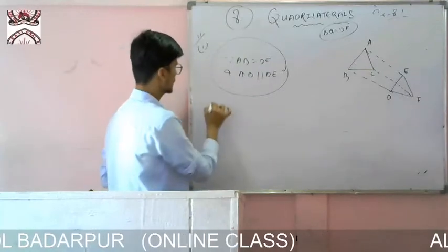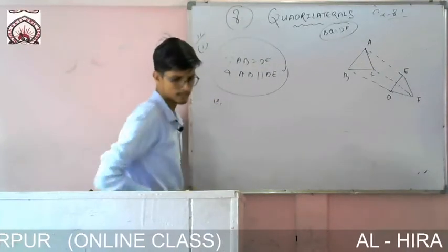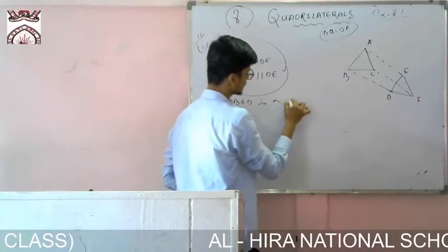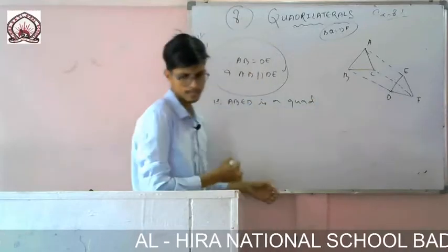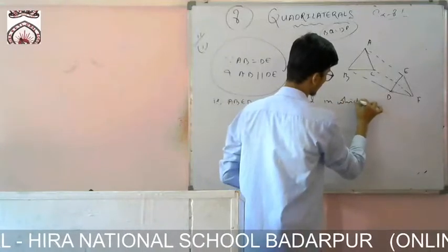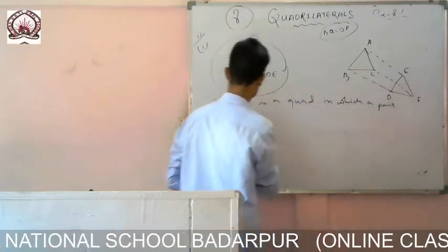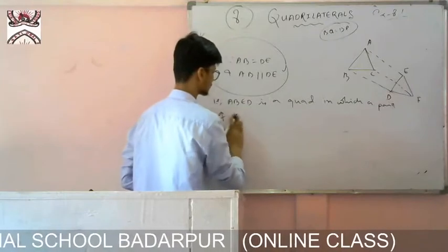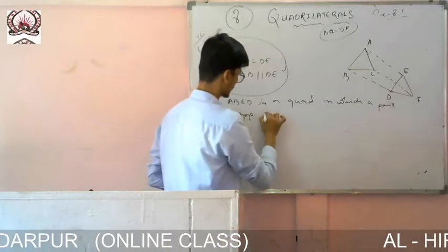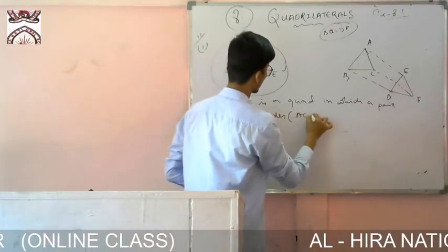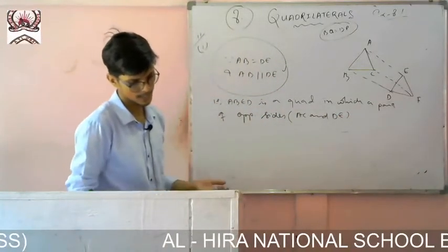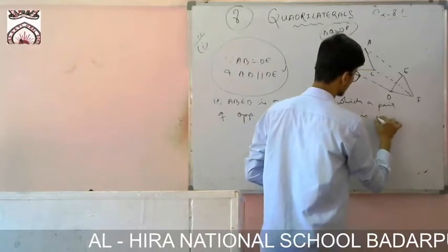So I can say that, you write like this, ABED is a quadrilateral in which a pair of opposite sides, AC and DE, is parallel and of equal length.